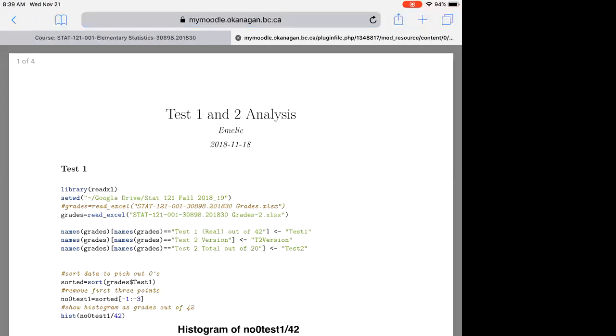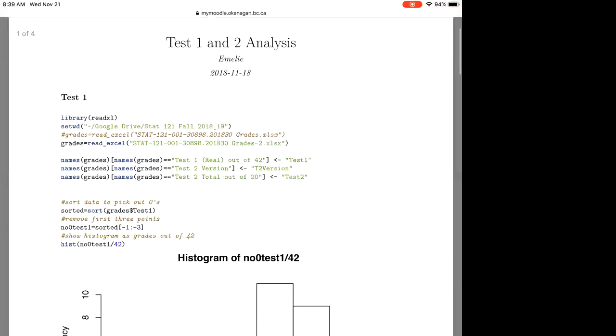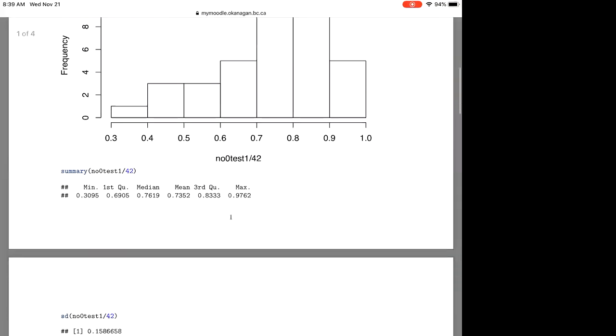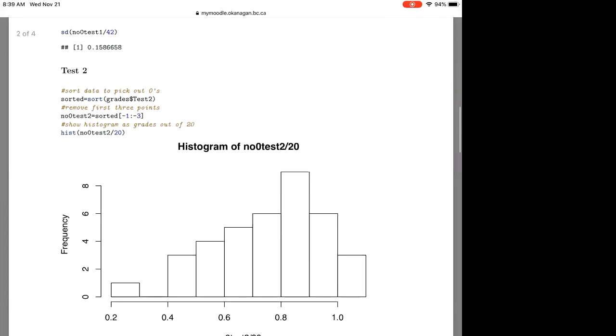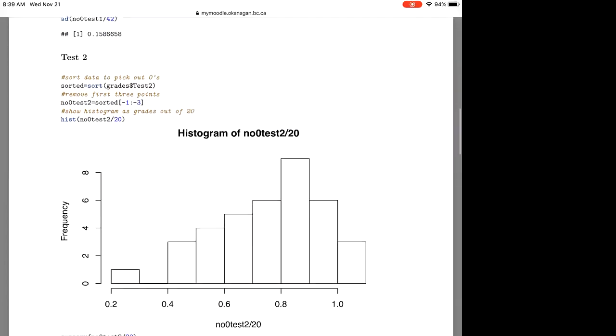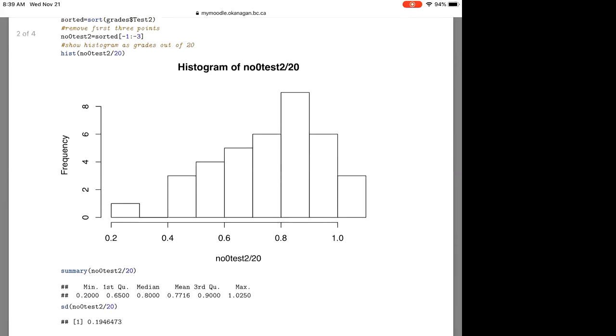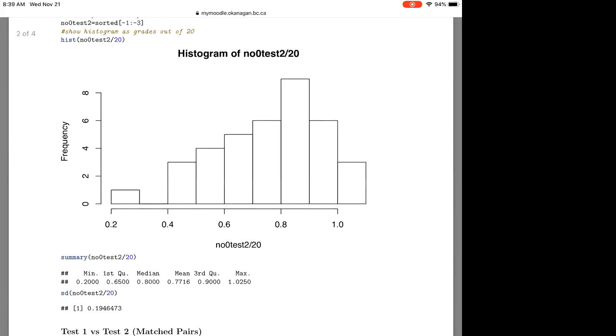I posted the test 1 and 2 stats. So we saw my quick analyses of test 1, your test 1 scores. And then I did the same thing for test 2. And so there's the distribution of the test 2 scores. Here's the summary.